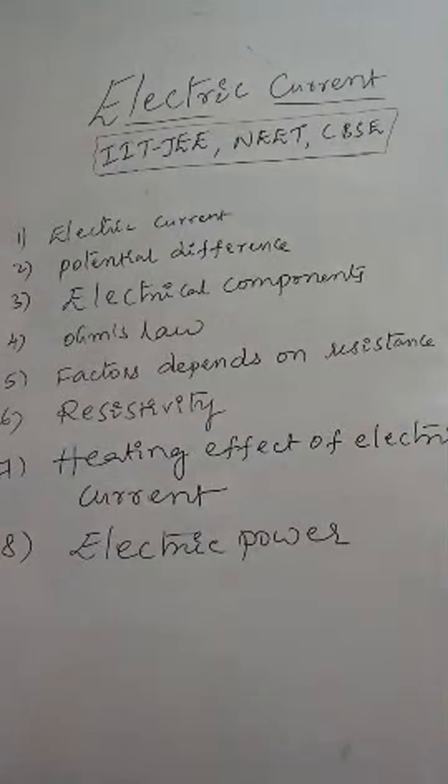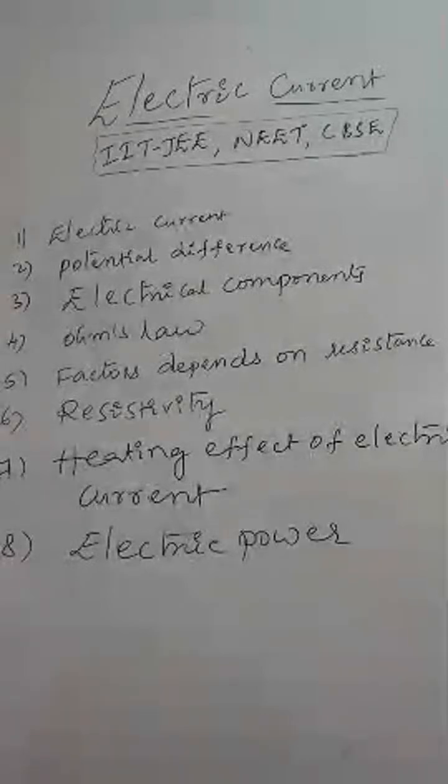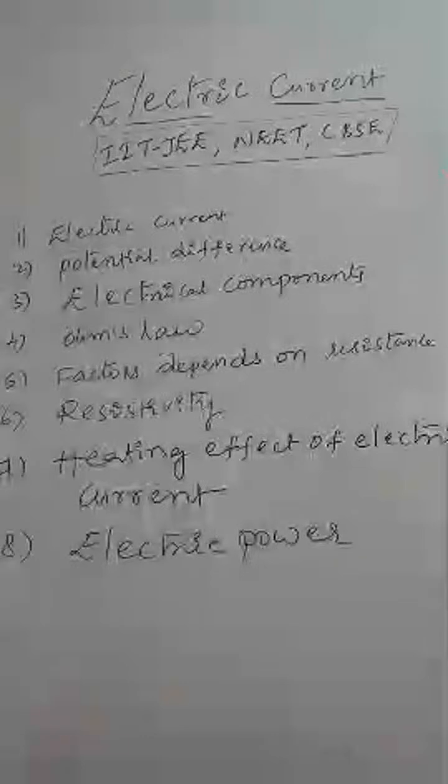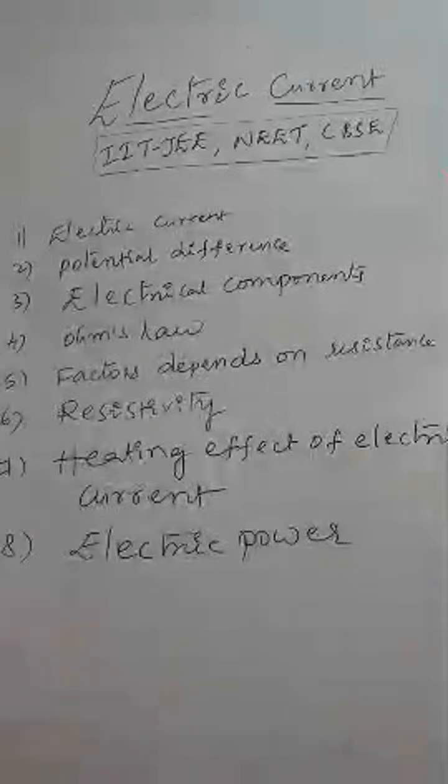And fifth one, factors depending on resistance. And sixth one is resistivity. And seventh one, heating effect of electric current. And eighth one is electrical power. Clear? So these topics will be discussed in today's class.